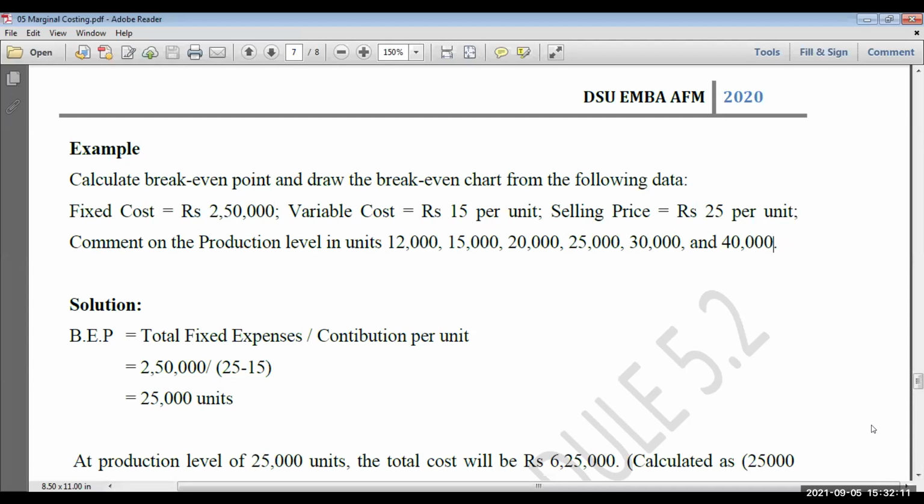Are you getting confused? 25,000 units multiplied by 25 per unit. That's it, simple. That's it, simple. Amount of sales.